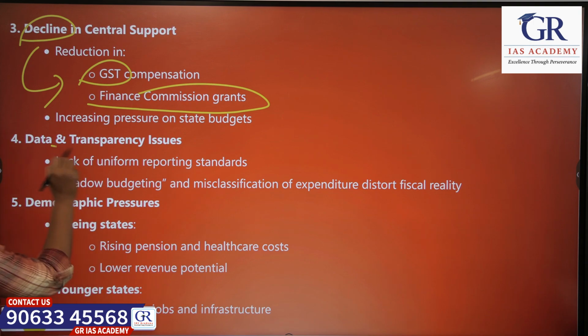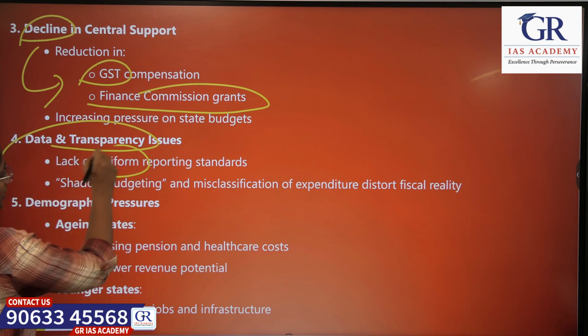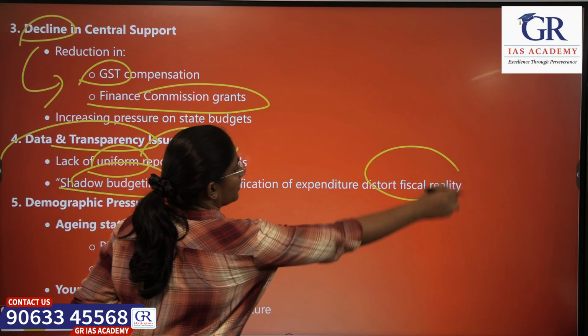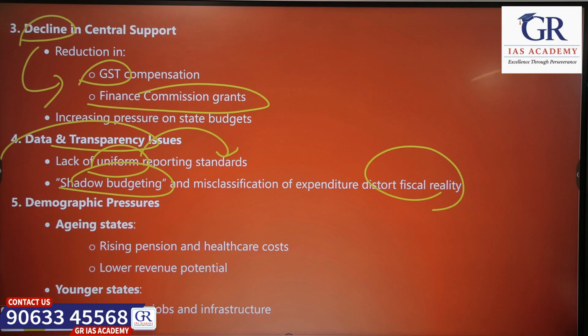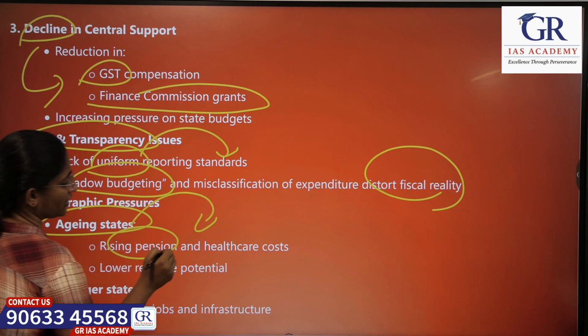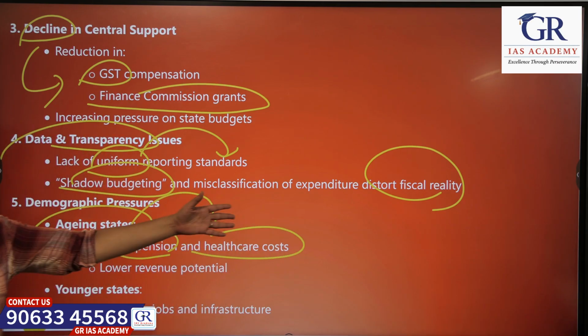And there are transparency issues as well. There are very irregular standards for reporting, and there is shadow budgeting which distorts fiscal reality. Some aging states see an increase in expenditure on pensions and healthcare costs.